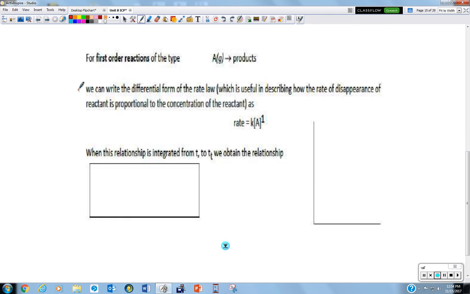So let's look at it for a first order reaction. For a first order reaction, we get our rate law: rate is equal to k times concentration of A raised to the first power.